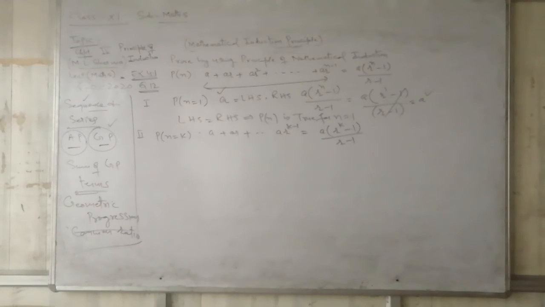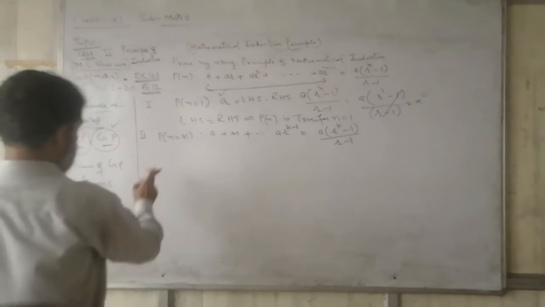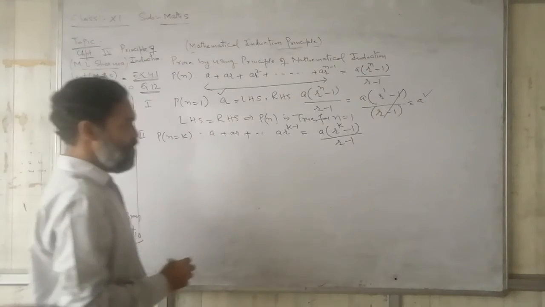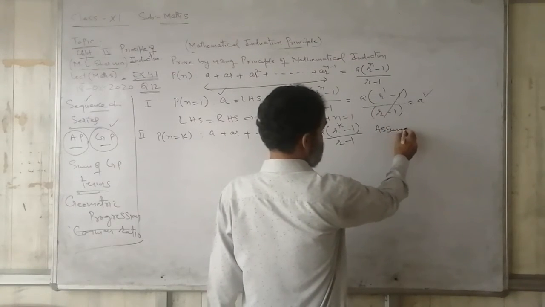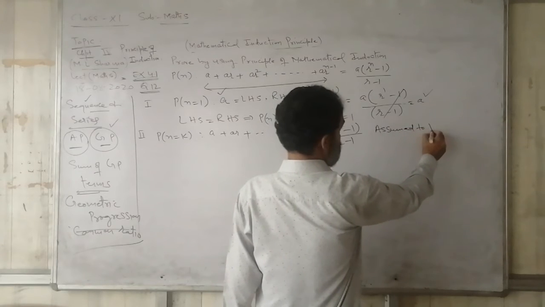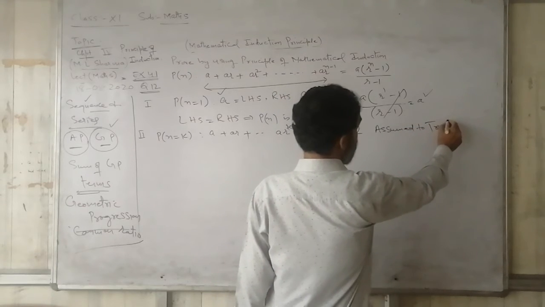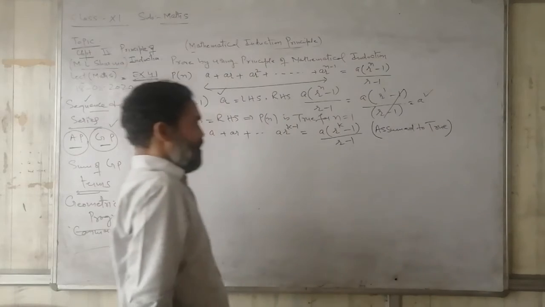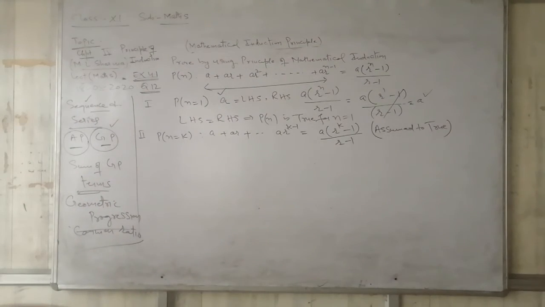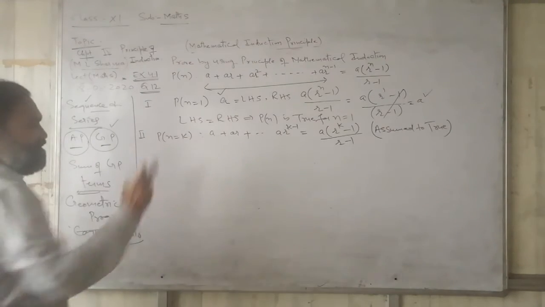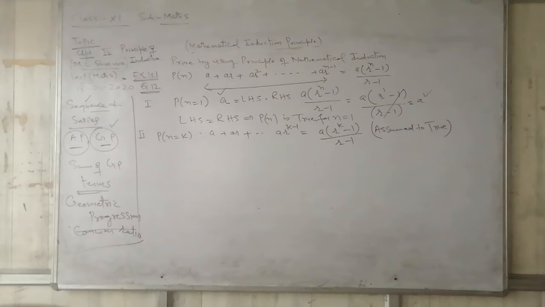So simply in the second step we put the value of K instead of n. This is assumed to be true, because if you go on substituting n equal to 1, 2, 3, 4, and so on, in all the cases this statement will be true.